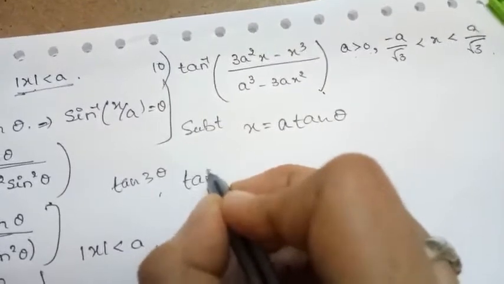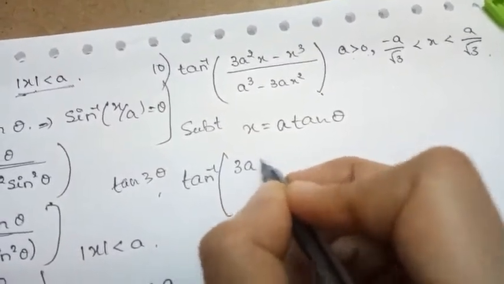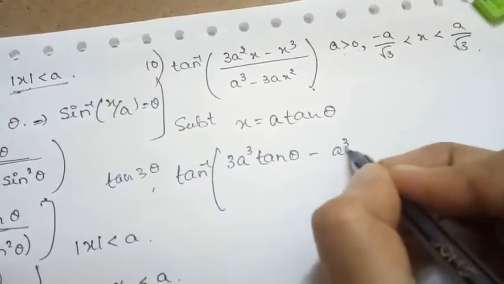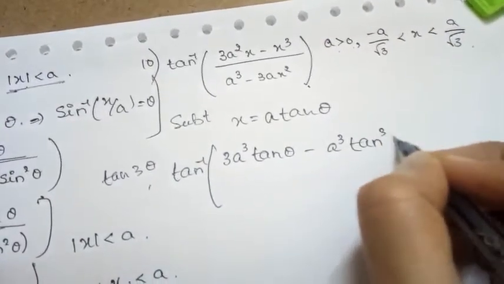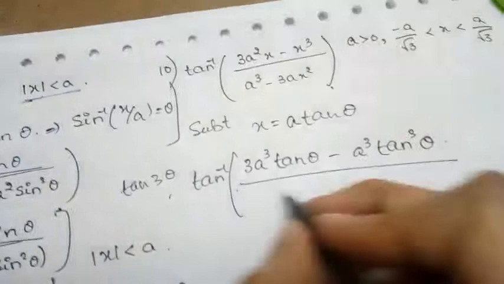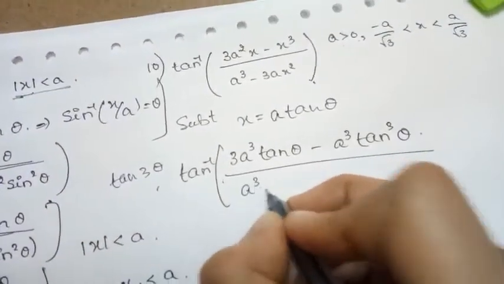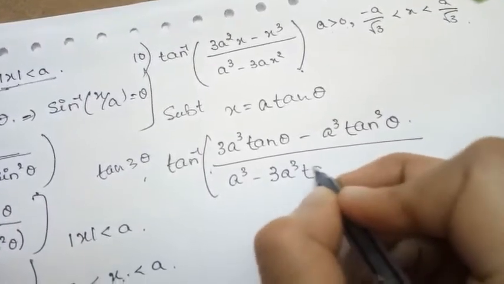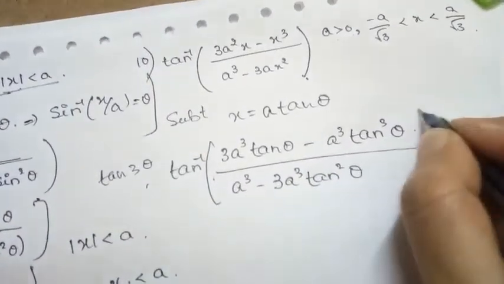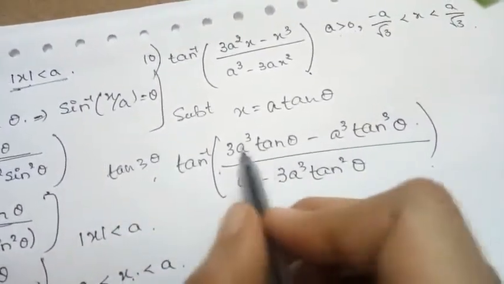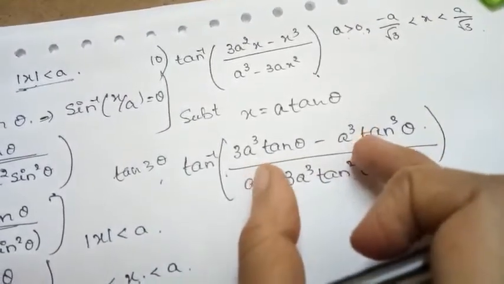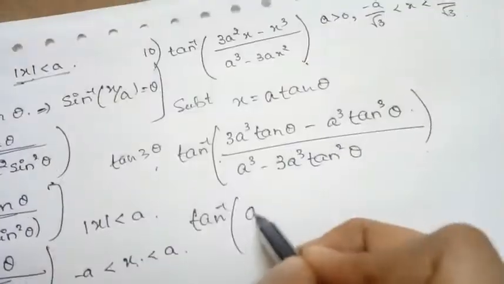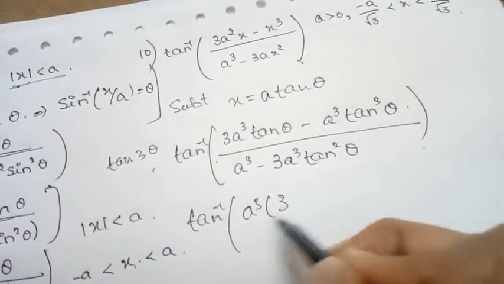So what happens? Tan inverse of (3a cube tan theta minus a cube tan cube theta) divided by (a cube minus 3a cube tan square theta). So clearly in the numerator, in both the terms a cube is common, I can take that one outside. In the denominator also we are having a cube common.